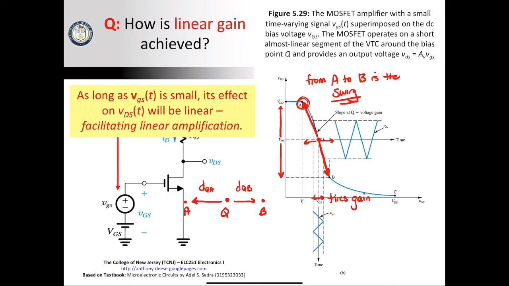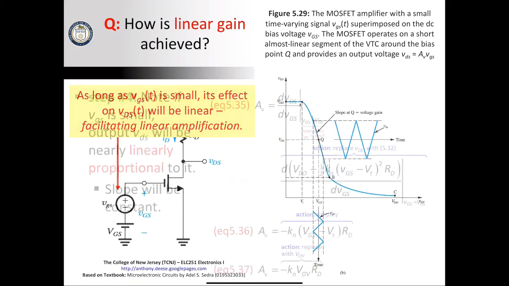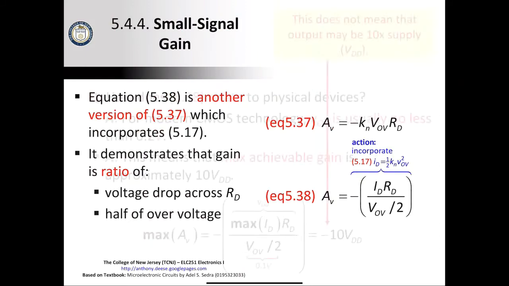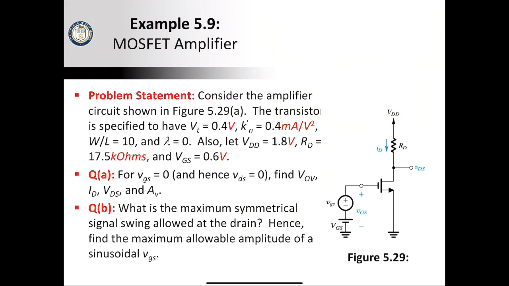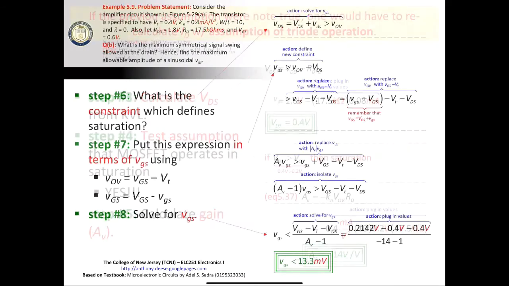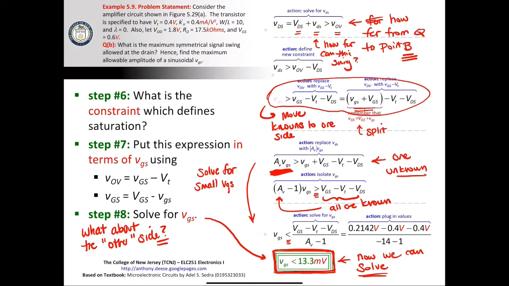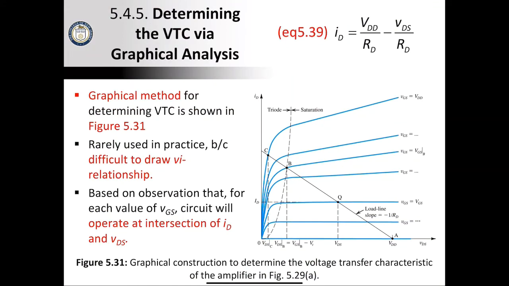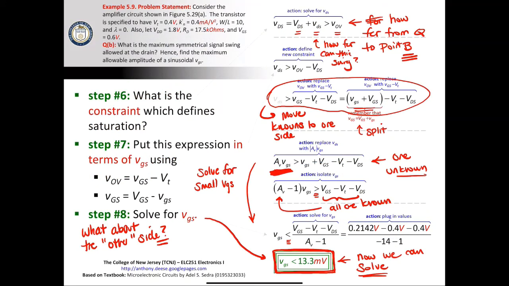So point A is the point at which VDS is equal to VOV. So VDS is 400 millivolts. VOV is, on the previous slide, what's VGS? So VOV is 200 millivolts.